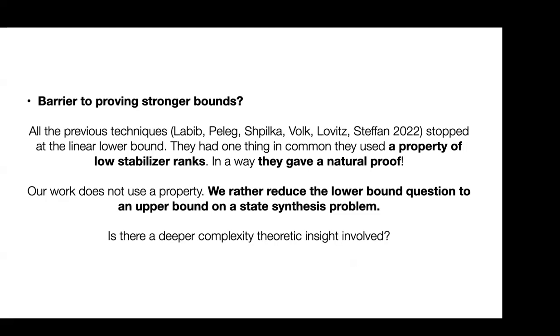In particular, an upper bound on the state synthesis problem gives you a lower bound. So it's something similar to going around some natural proof technique for this problem, but I'm not an expert in this, and we hope to understand these connections better.